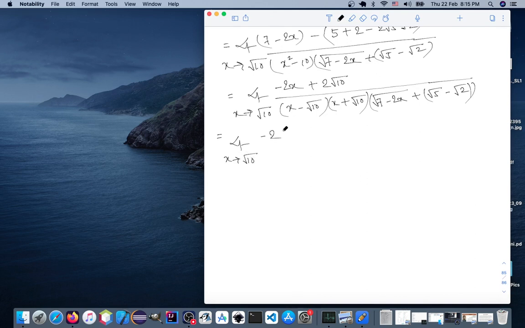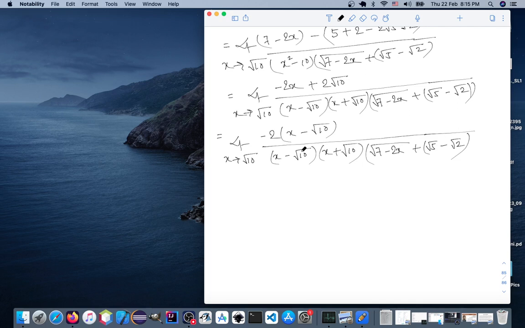Take minus 2 common, x minus root 10 divided by x minus root 10, x plus root 10, multiplied by 7 minus 2x plus this one.